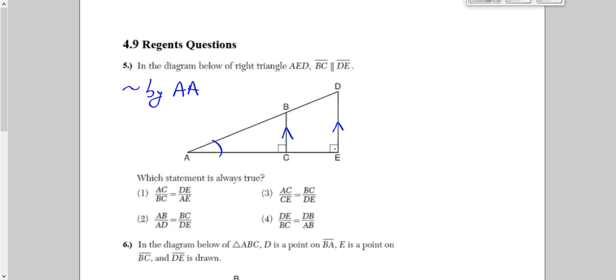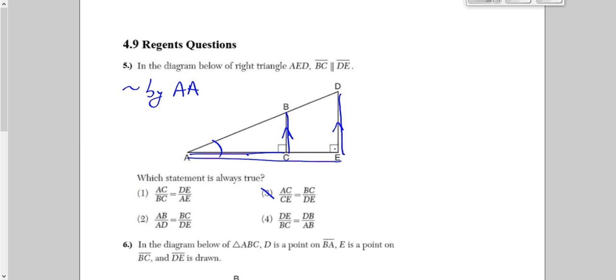We know 1, so 1, we've got AC to BC, long leg to short leg equals DE to AE. Small triangle, long leg to short leg equaling short leg to long leg. No, it's backwards. So it's not 1.